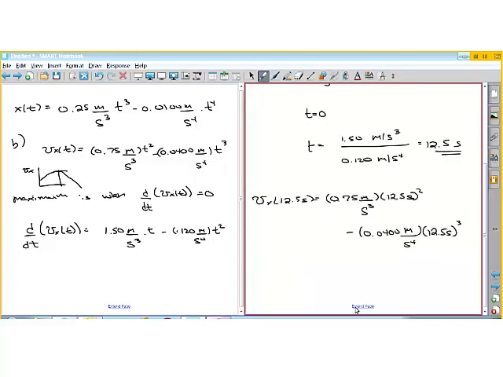So you get 0.75 times 12.5 squared minus 0.04 times 12.5 cubed. And I get the maximum velocity, which at this time is 39.1 meters per second. And that's the right answer.